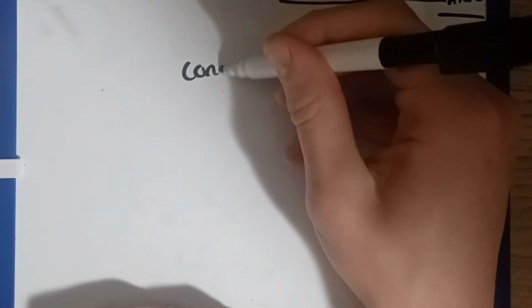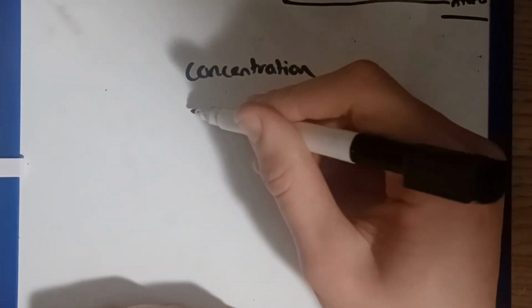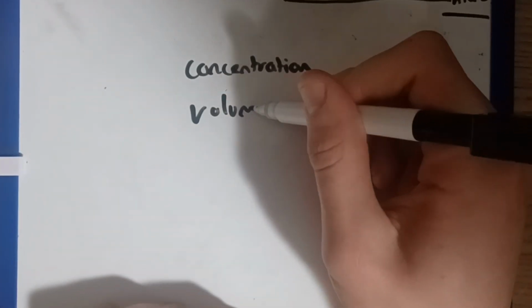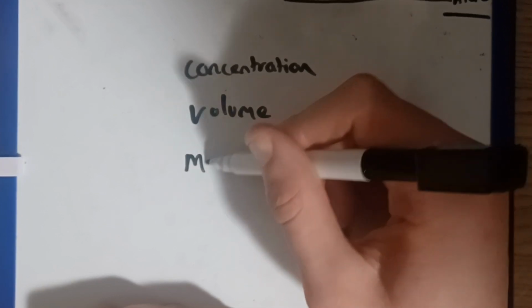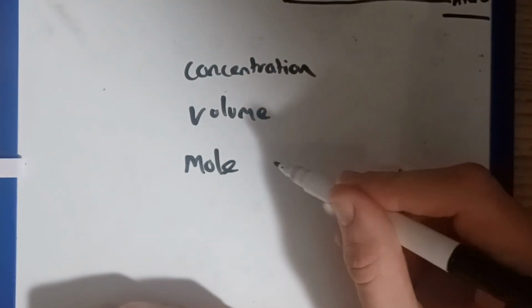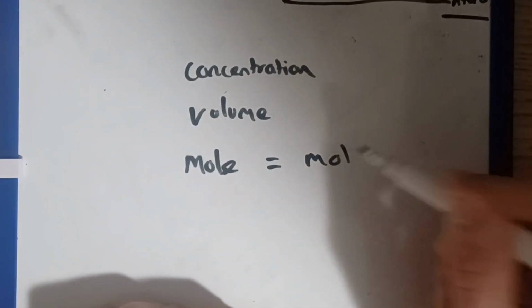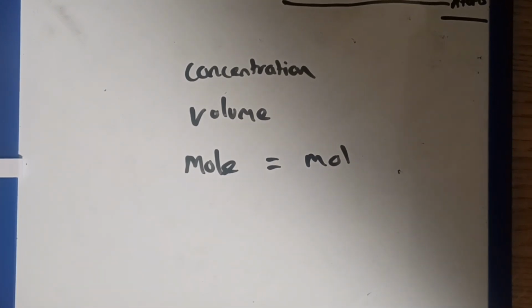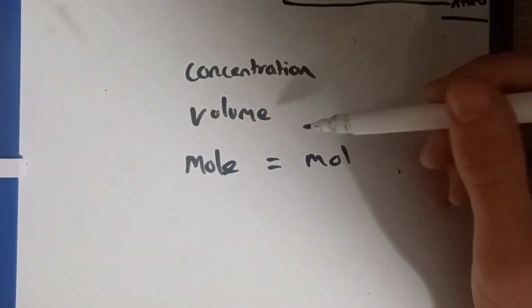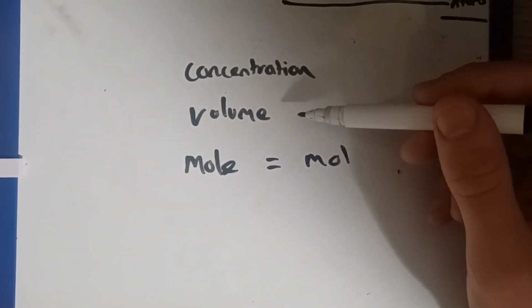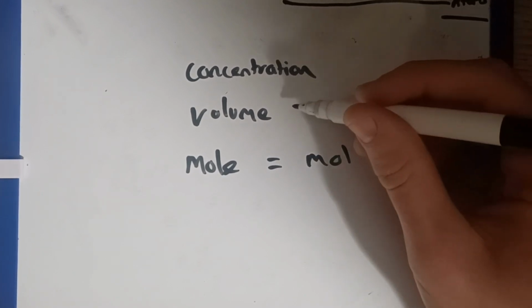Instead we're using concentration, volume, and mole. So obviously moles have the same value, same unit. It's just concentration and volume which might have a different unit.